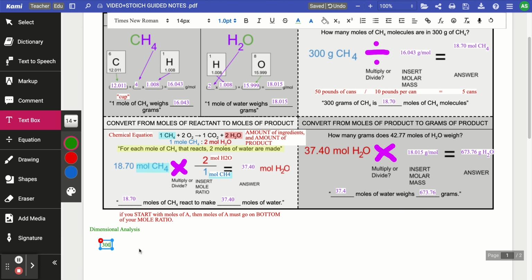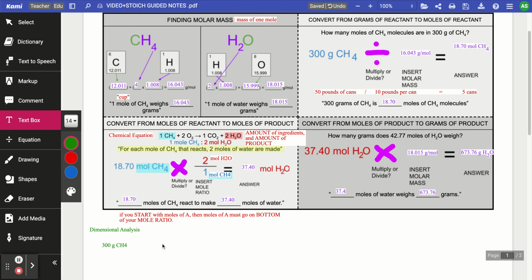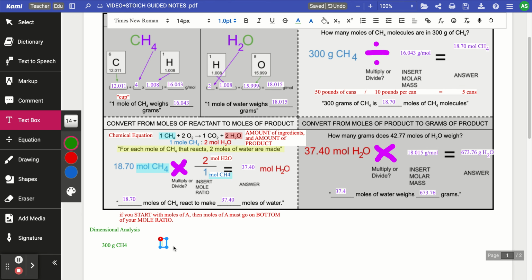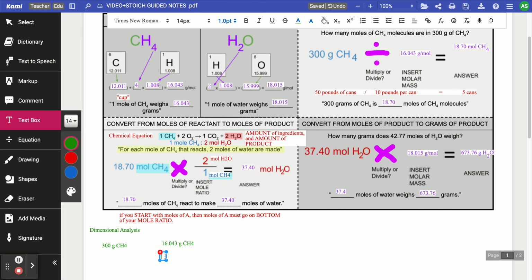You would say, well, I got 300 grams of methane. I know that 16.043 grams of methane is 1 mole of methane.